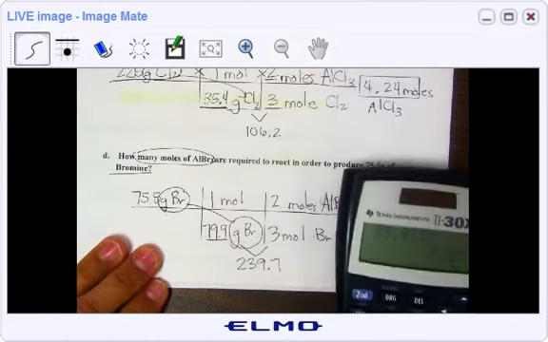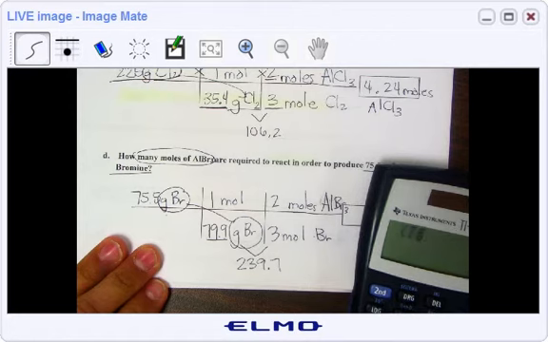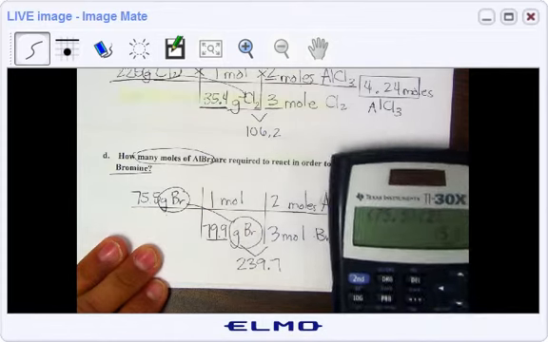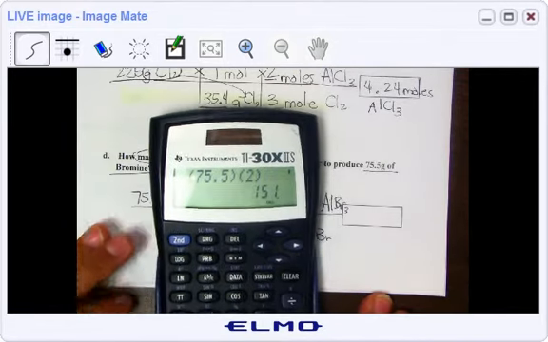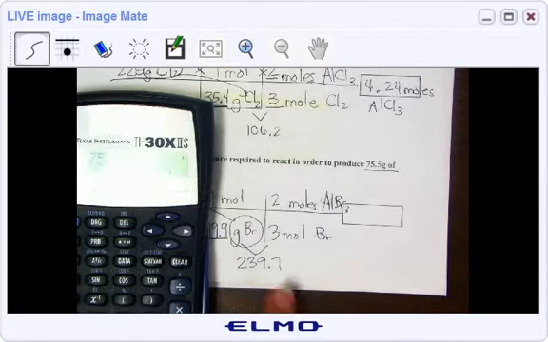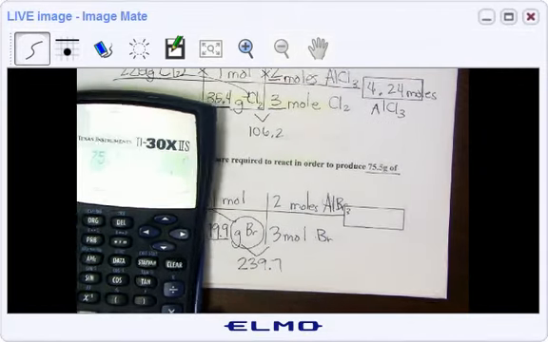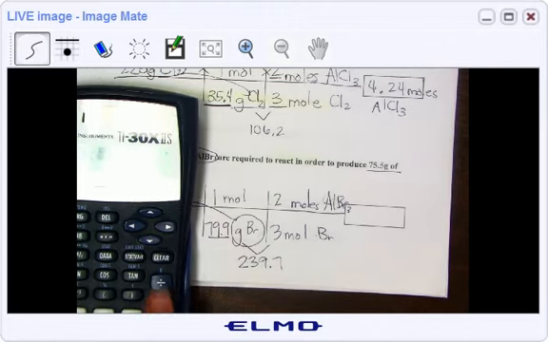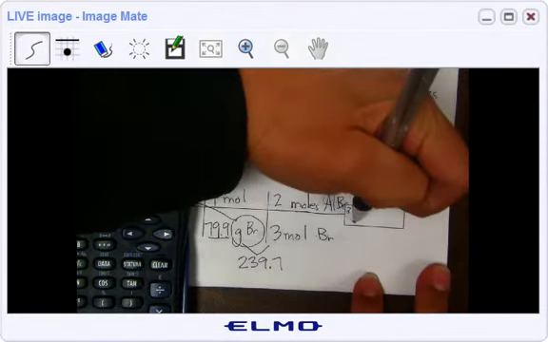I'm going to multiply the top. 75.5 times 2. That gave me 151. Okay, now I'm going to divide it by this number because that is the two bottom numbers multiplied together. 0.62. 0.63 is my final answer.